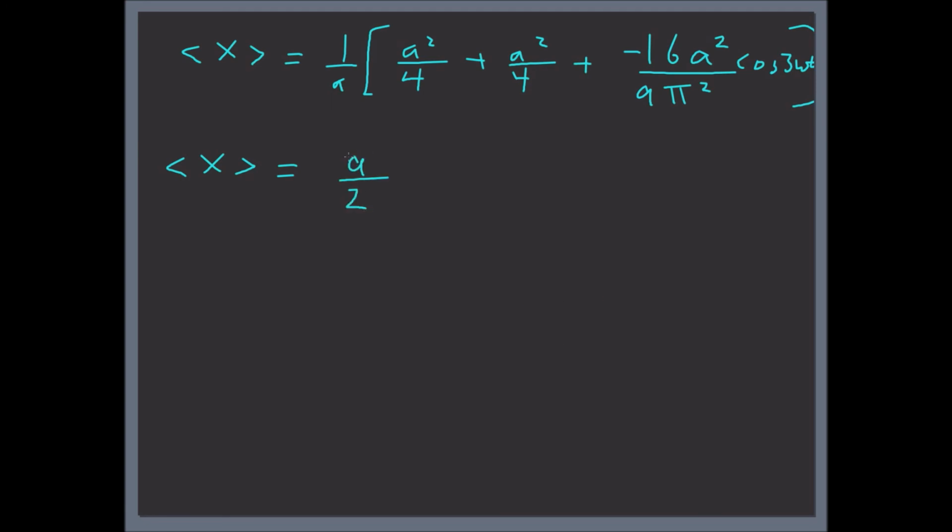See, this is if we have only one stationary state inside our square well, right? But then we have another factor, which is 1 minus 32 divided by 9 pi square times the cosine of 3 omega t.